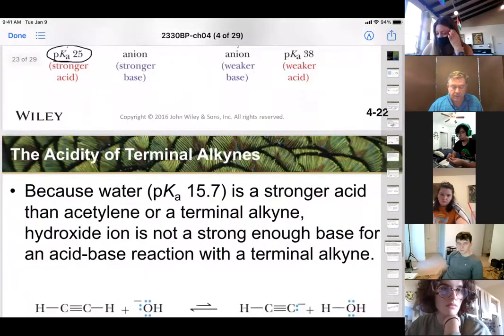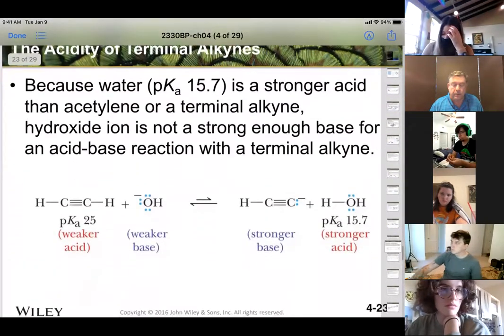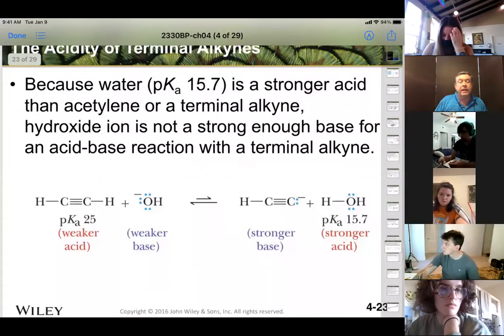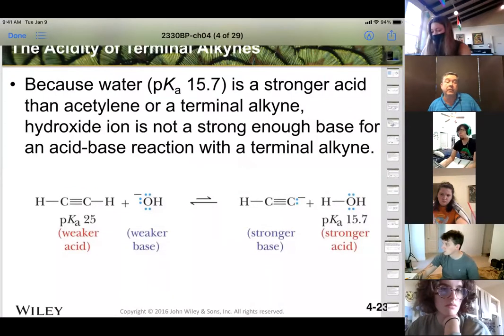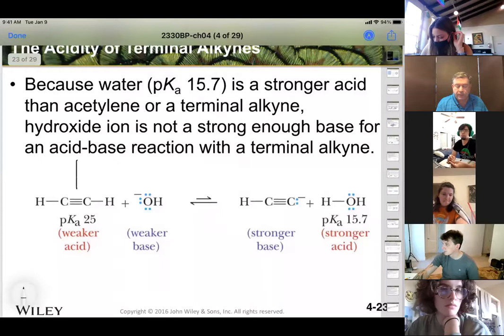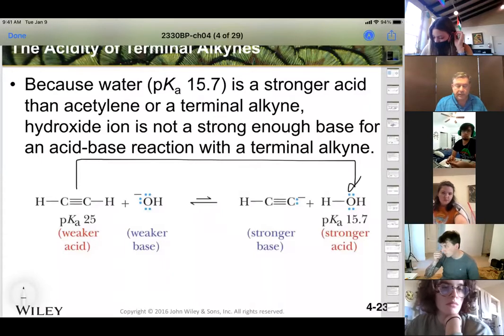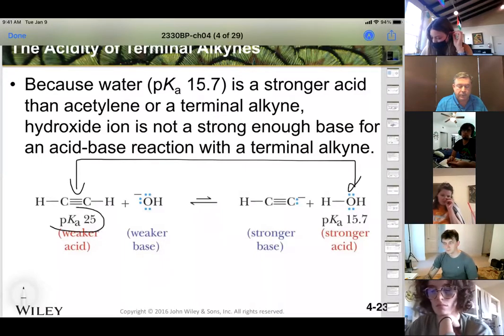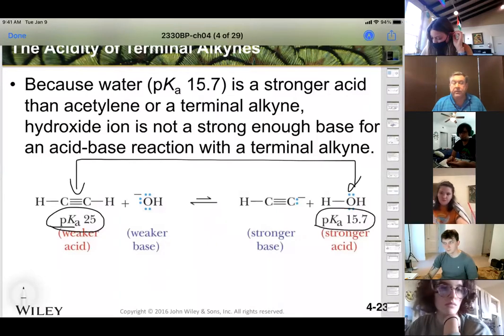So the acidity of that alkynyl hydrogen is the most acidic of the hydrocarbons. What that means is that you can't actually make the acetylide ion in the presence of water, because water is the stronger acid. Remember, we compare the acid strength of one side to the conjugate acid side. In this case, we have 25. In this case, we have 15.